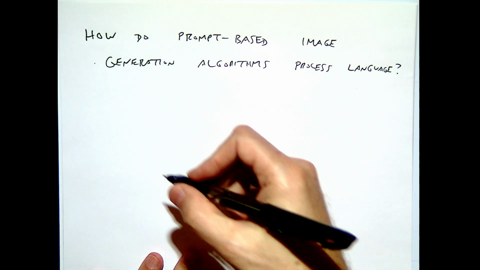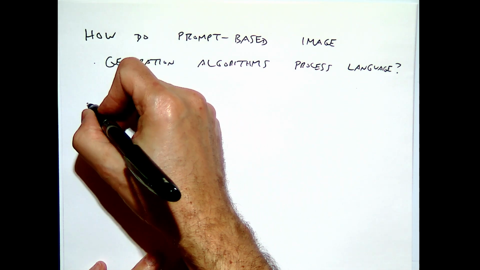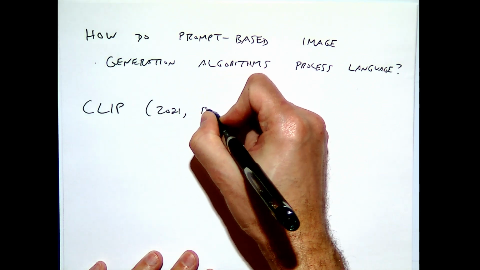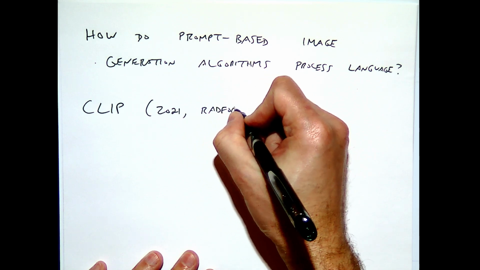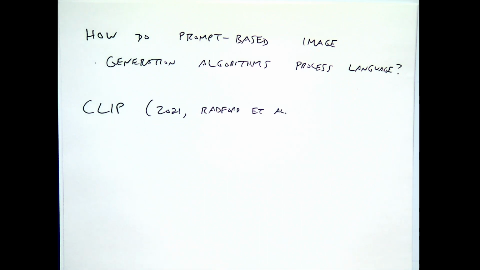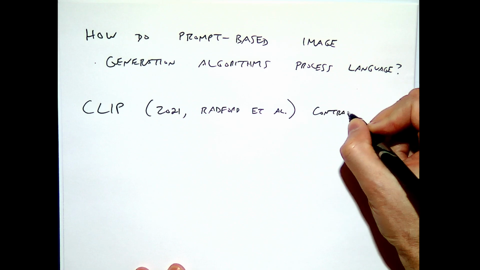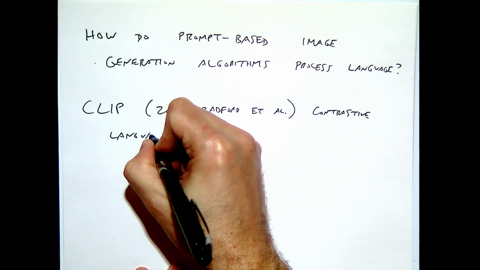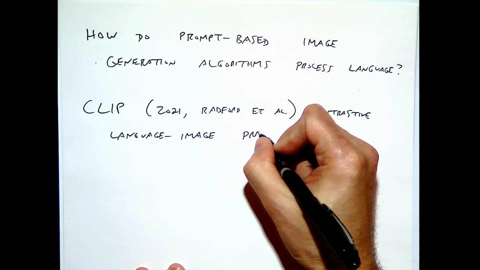And so the key thing that made all this happen was a paper called CLIP, introduced in 2021 by Radford et al. Again, this stands for contrastive language image pre-training.